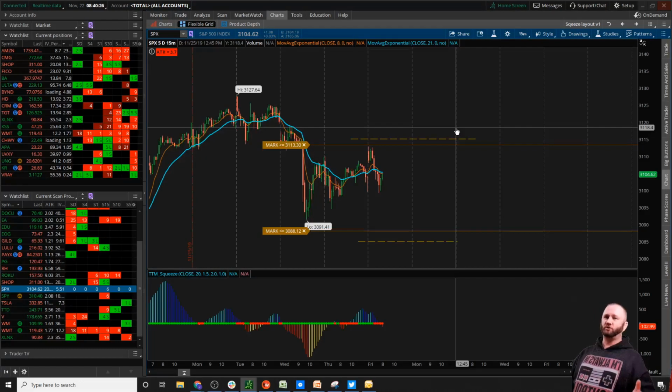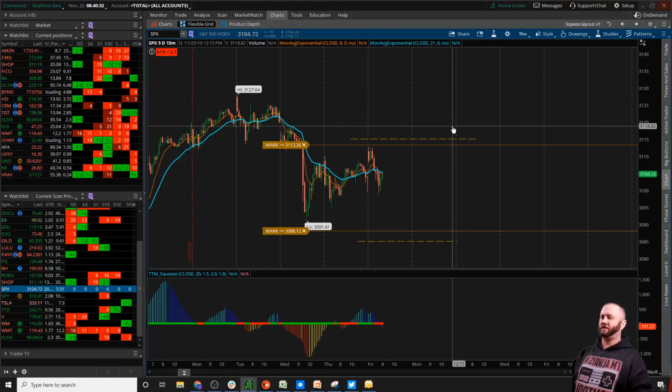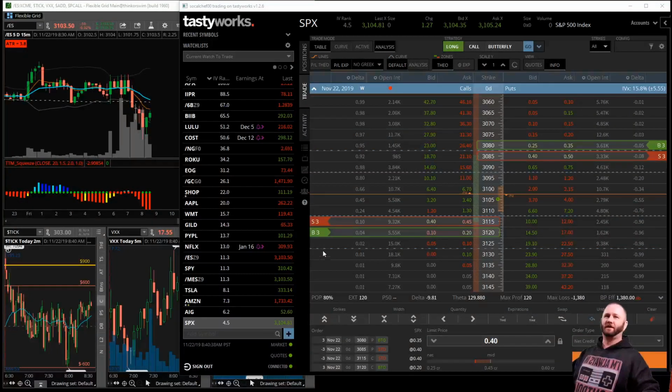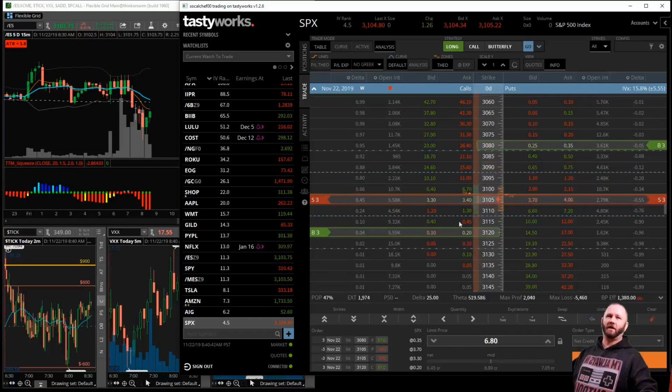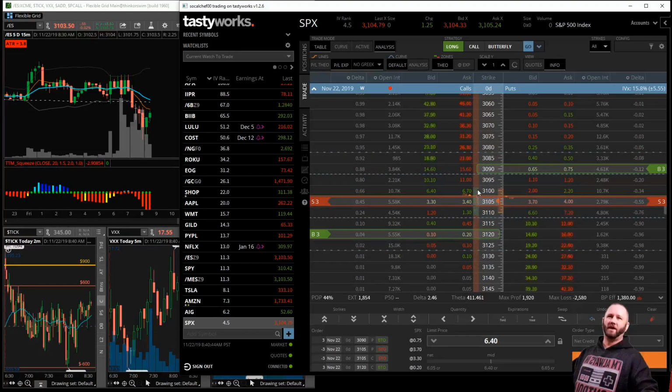Now what I also kind of do, and I do it more for iron flies unless I put a whole bunch of contracts in on an Iron Condor, and the reason why I say iron flies is because an iron fly, right, has a much smaller range here and a way bigger loss, and I don't ever like to get max loss.